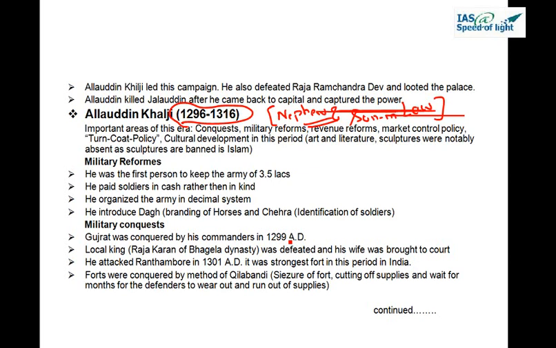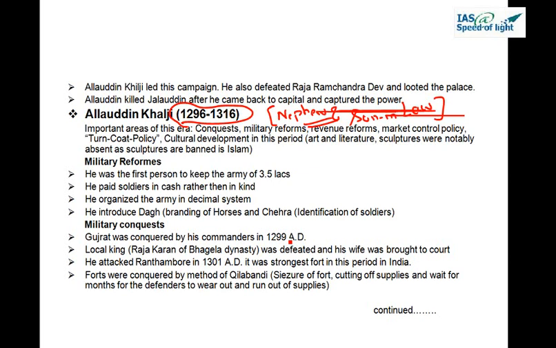Now coming to the military conquest, under Alauddin Khilji the territorial expansion of the Delhi Sultanate went beyond North India, and this was the most important achievement of the Sultanate's rule. Alauddin first began his territorial conquest with the campaign against Gujarat.